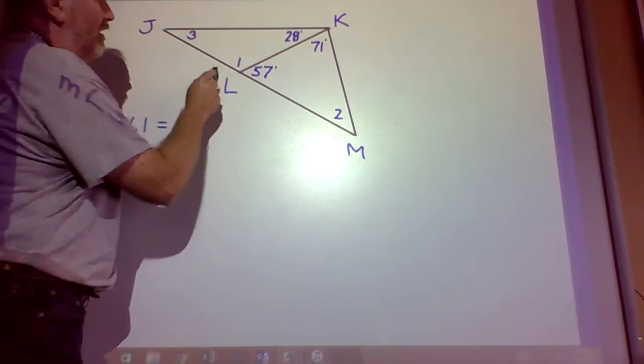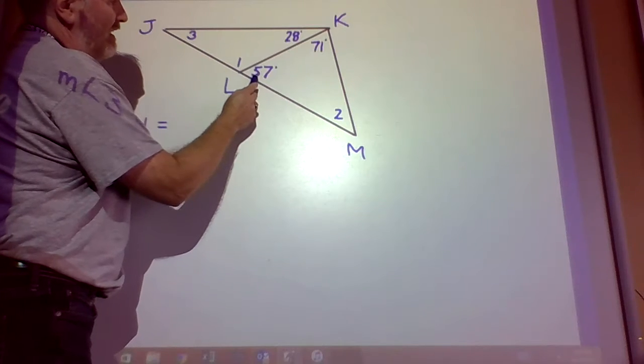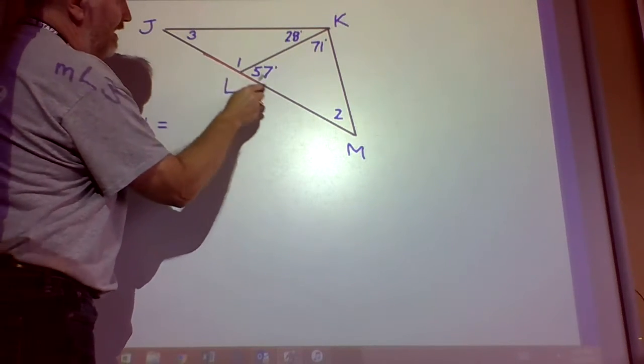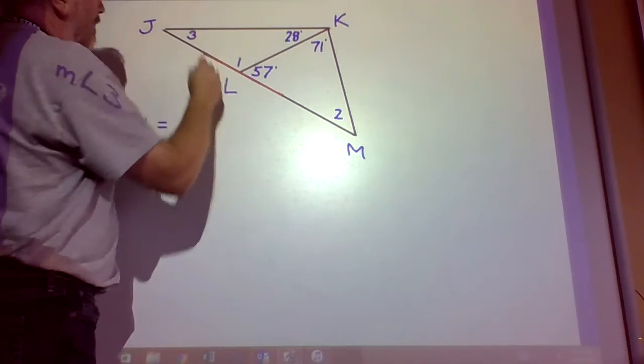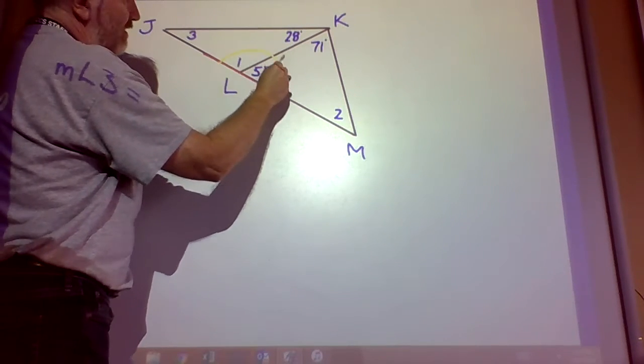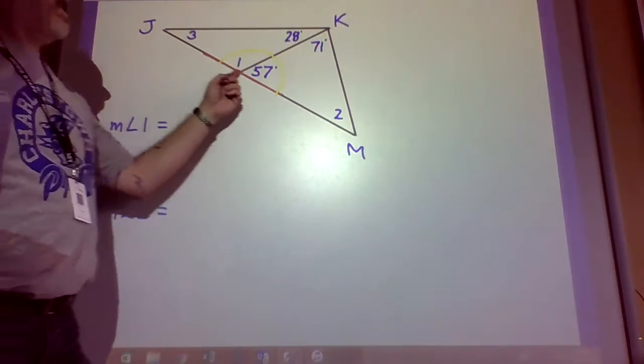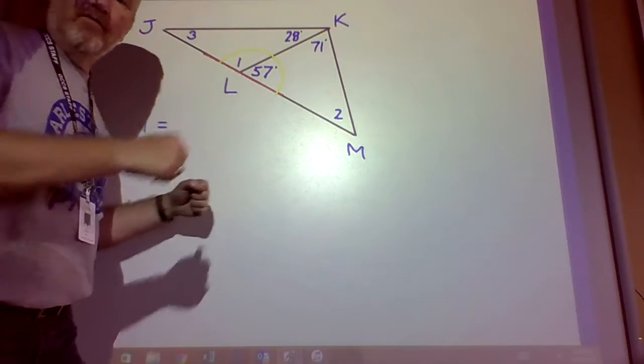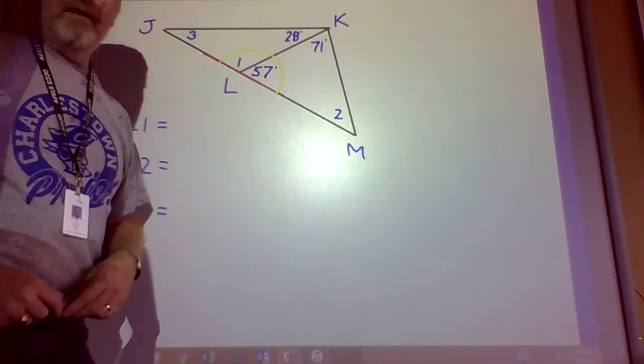Those are not ever going to go away. You see angle 1 is a linear pair with this 57. And so linear pairs always add up to 180. Remember the big yellow circle from several lessons back? Well, half of a circle would be 180 degrees. So if this guy's 57, what would angle 1 have to be?